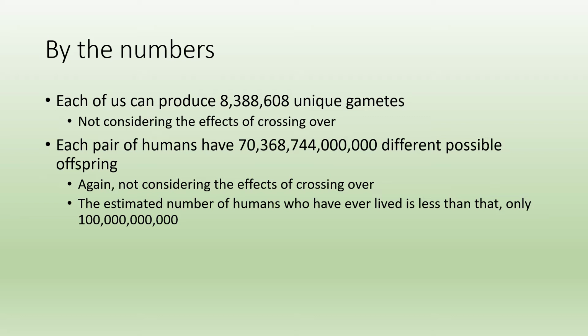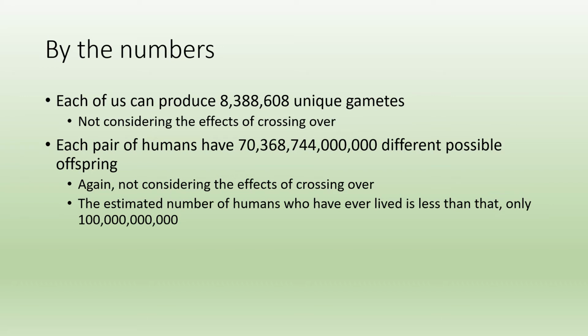Gametes are the sperm and the egg. So that's a huge number. 8 million unique sperm. Women generally don't produce this many eggs, but that strongly suggests that each of those eggs is genetically unique.